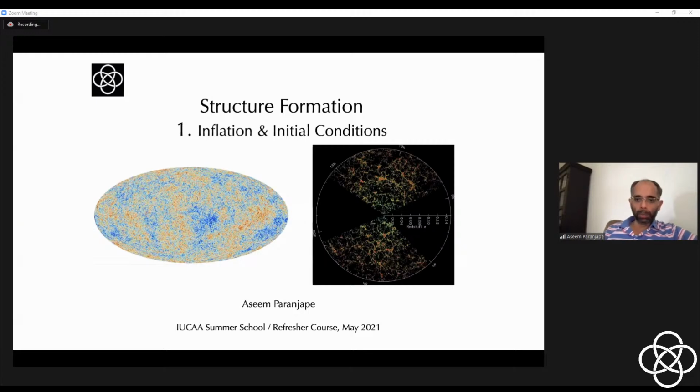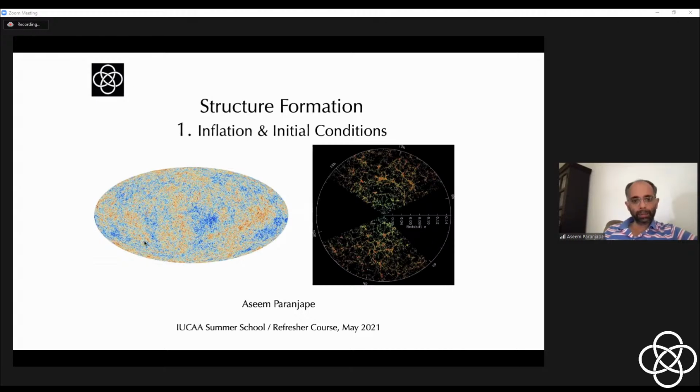And what we would like to understand is how this kind of structure, which is observed in the universe, emerges from what we also know from other observations to be the initial conditions at very early times in the density field of the universe. So this image on the left is taken from the Planck satellite. This is a map of the anisotropies in the temperature of the cosmic microwave background, which I believe you would have heard about.